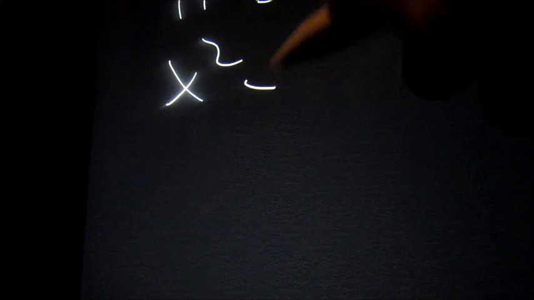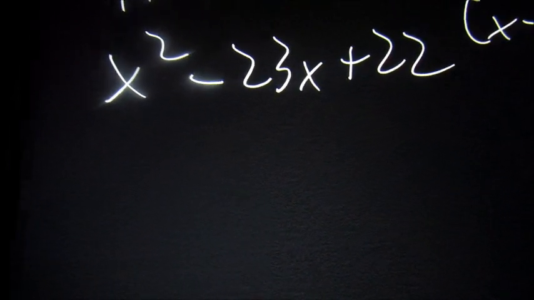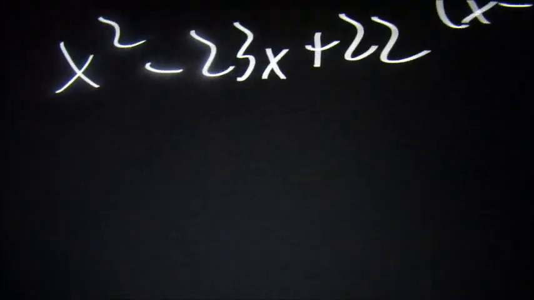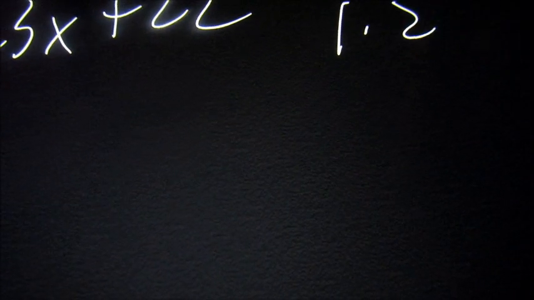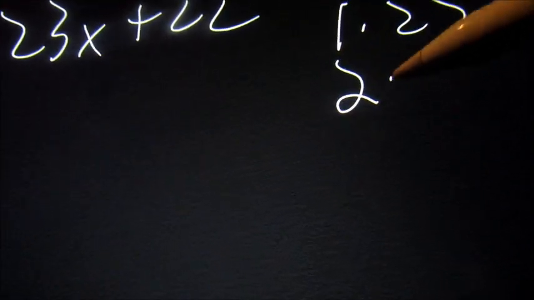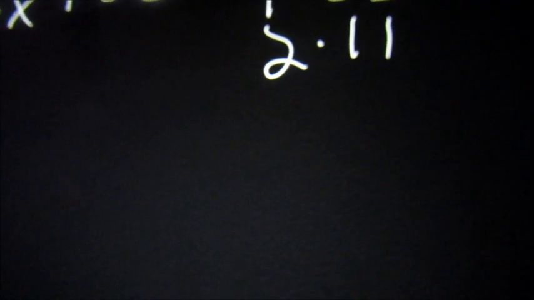So for example, if we have x squared minus 23x plus 22. All of our choices for 22 are 1 and 22, 2 and 11, 3 won't work, 4 won't, 5, 6, 7, 8, 9, 10.